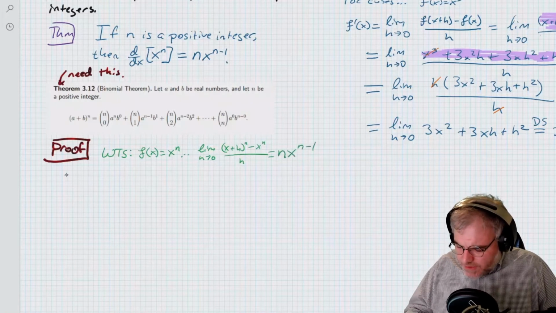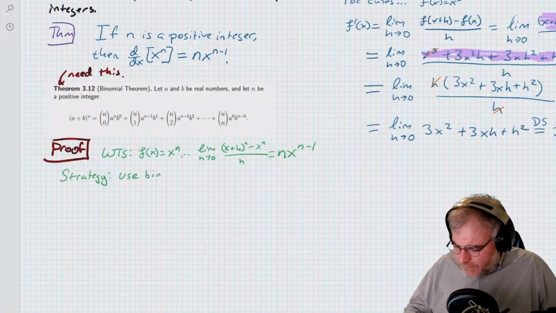And my strategy is going to be as follows. Use the h definition of the derivative.